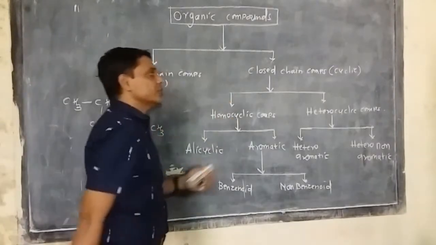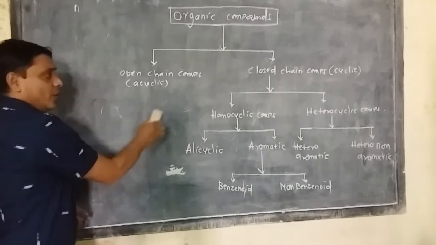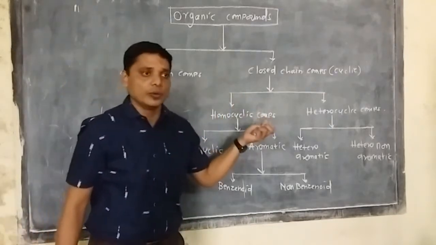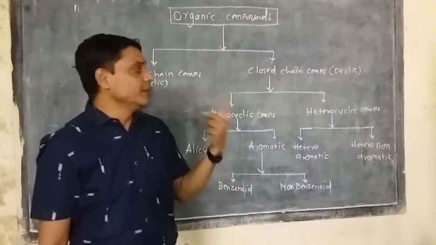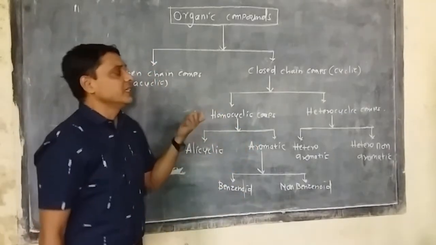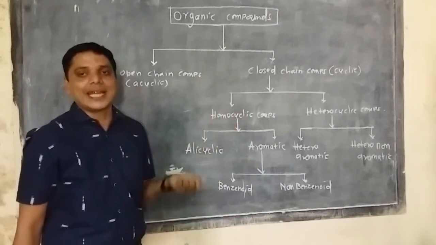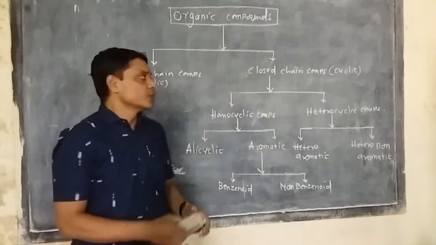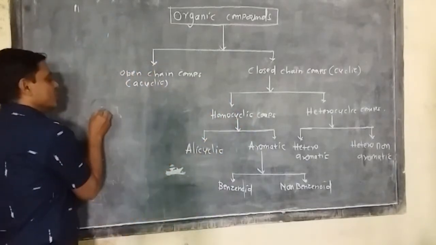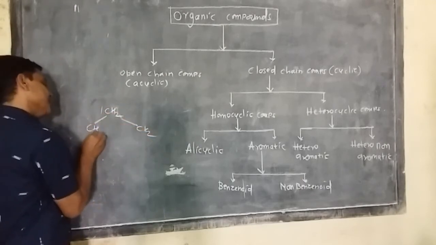On the contrary, closed chain compounds are also called cyclic compounds or ring type compounds. In a closed chain compound, the initial carbon and the terminal carbon atom meet with each other, so they can form a particular shape of ring, maybe a triangular ring, maybe a hexagonal ring, like this. Suppose in this closed chain compound we have CH2, CH2, CH2, like this.